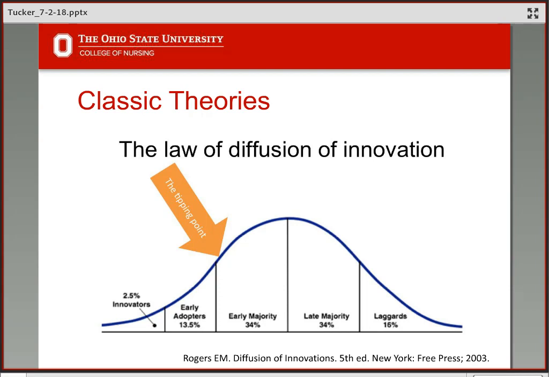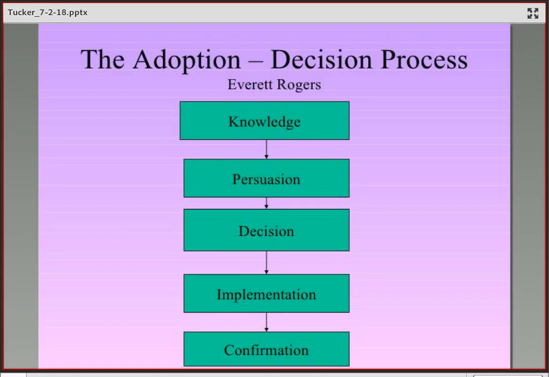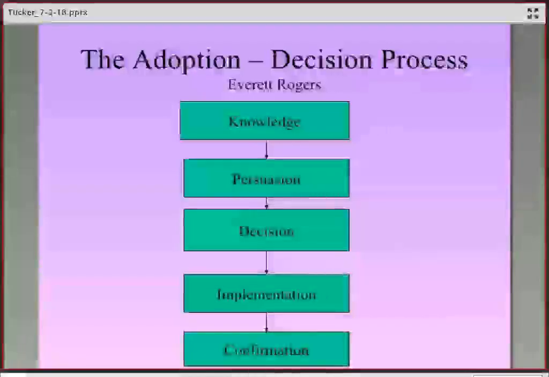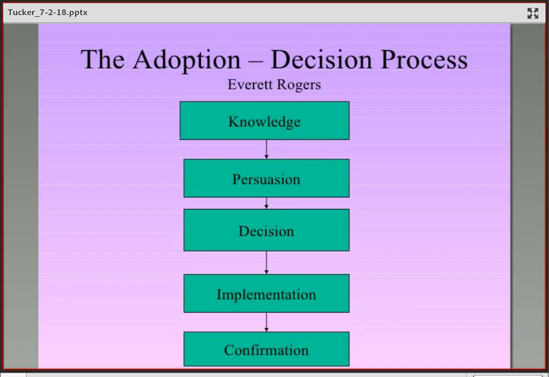Once you bring in an innovation and you've got upwards of 15% of people involved, you've got your innovators and the early adopters, you're moving into getting that majority, the normal part of the distribution. You're starting to get to the tipping point of what brings about change. And that's where you can really see some momentum and where you can start to emphasize and reinforce those implementation strategies. And Rogers put forward similar steps as many have done: it starts with knowledge, moving into persuasion, decision, implementation, and confirmation.